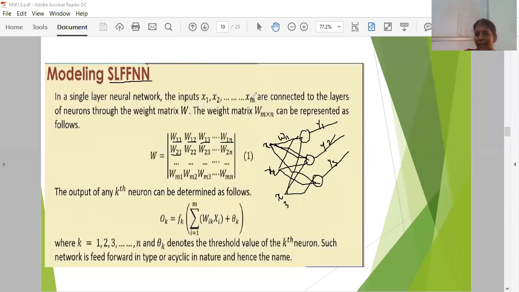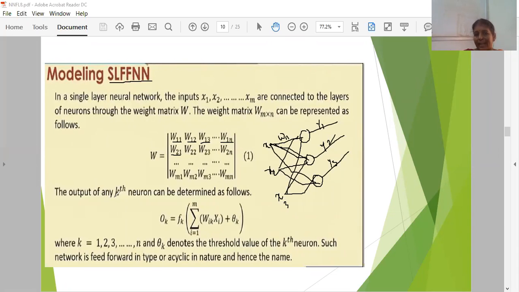Suppose you have m number of inputs and n summing points. So here small m is indicating m number of inputs and n number of summing points.